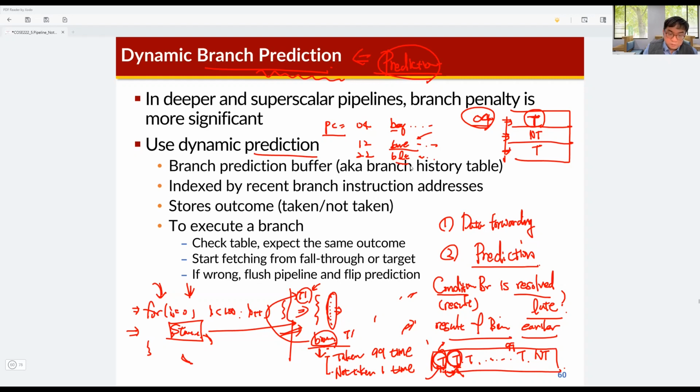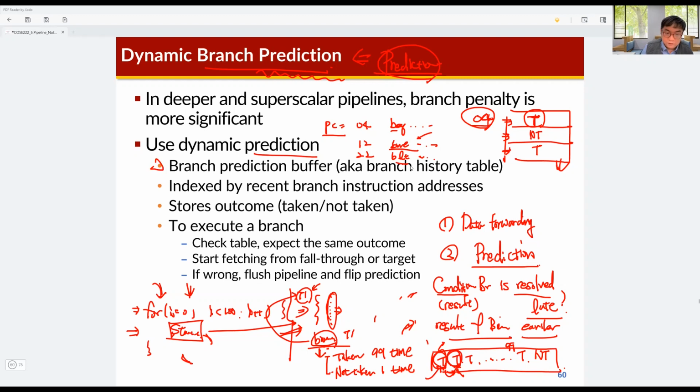we need a branch prediction buffer like this. The previous result of the branch instruction is stored in this branch prediction buffer.